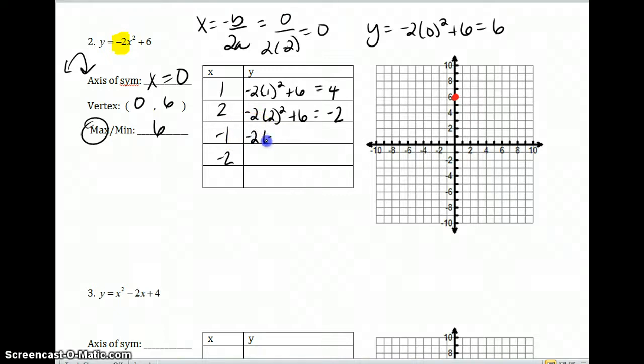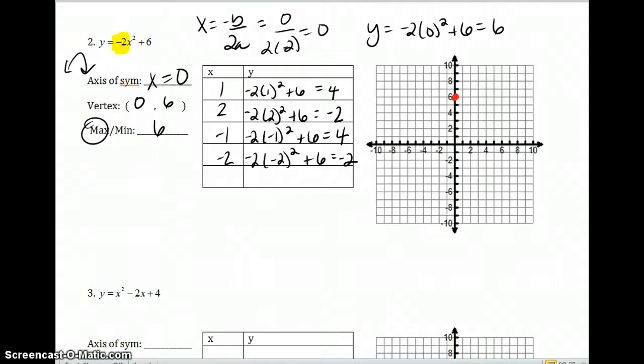Then -2 times -1 squared plus 6 is 4. And -2 times -2 squared plus 6 is -2. Notice that once again the values should mirror each other because parabolas are symmetrical.